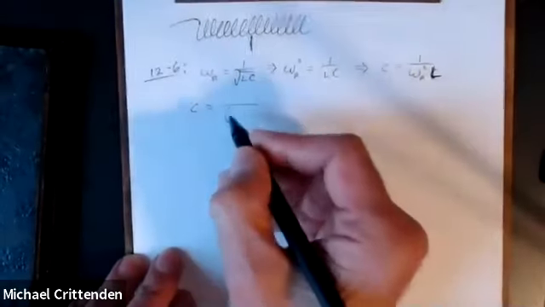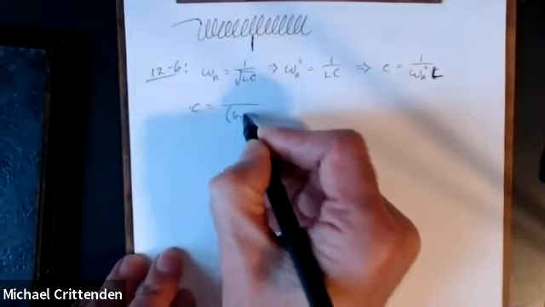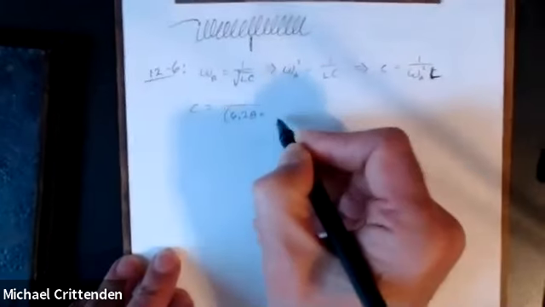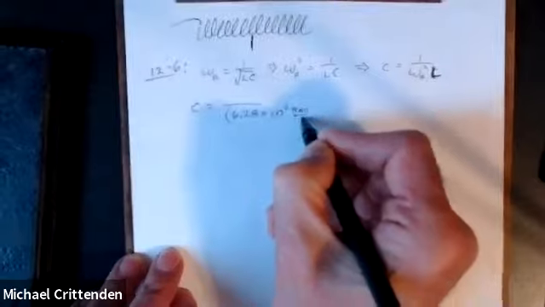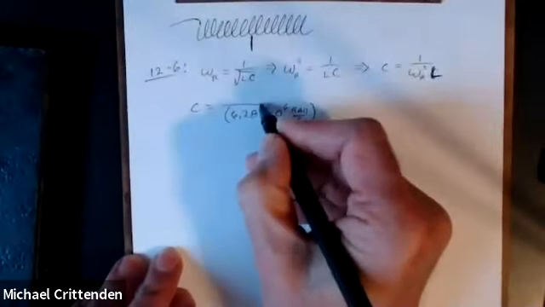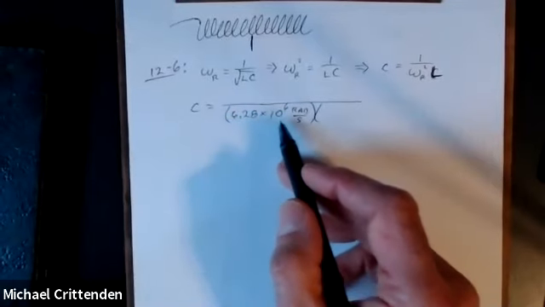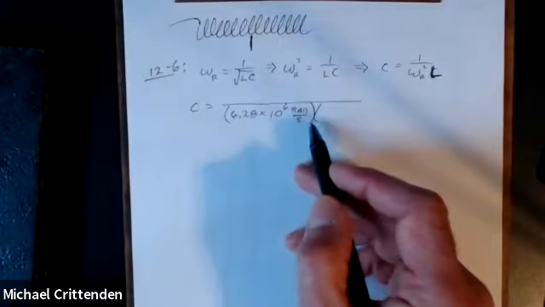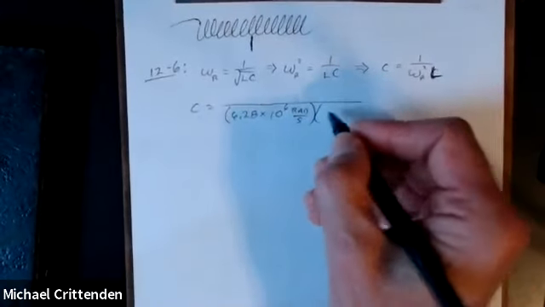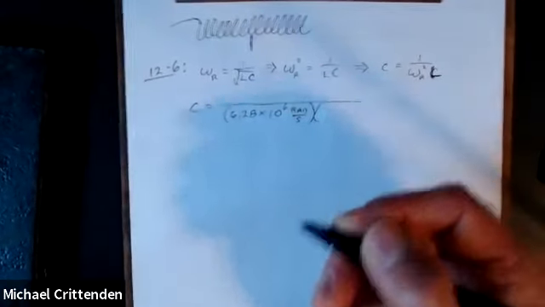Omega is 2 pi f, so the angular frequency would be 2 pi times 10 to the 6 if f is 1 times 10 to the 6. And the inductance is given in the question.